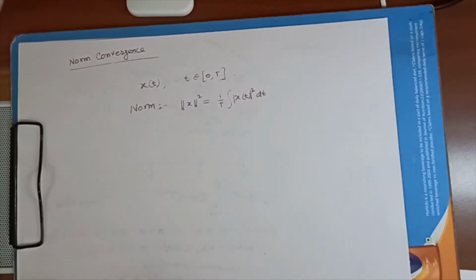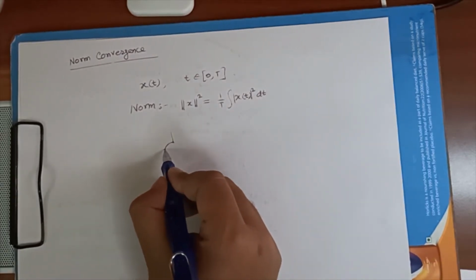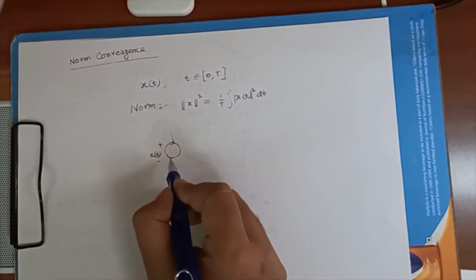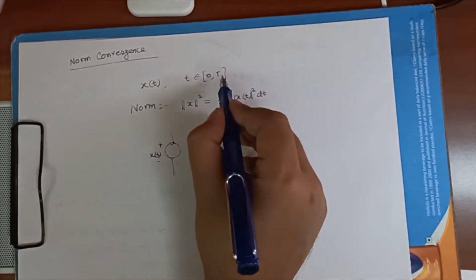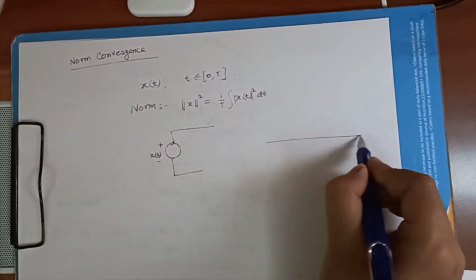If you think from a voltage or current perspective, suppose x(t) is some current or some voltage. So you can visualize like this. Suppose x(t) is some periodic voltage, which in every interval 0 to T has some pattern.